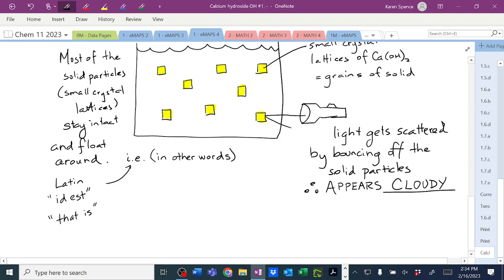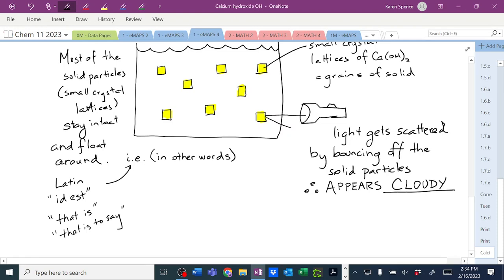In other words, that is to say. So that's where the I.e. comes from. You don't need to know that, but sometimes you're going to run across people writing I.e., and it might be nice to know that it means in other words.